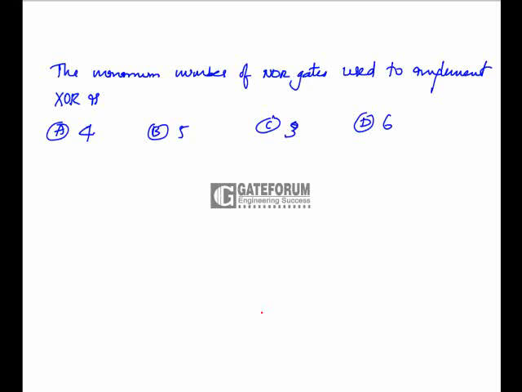Minimum number of NOR gates used to implement XOR is? Since NOR and NAND are universal gates, you can implement any other gate using them, that is XOR, XNOR, AND, or anything else you can construct using the universal gates NOR and NAND. Now, how many gates are required? If you see the construction, let us take this as a 2 input gate.